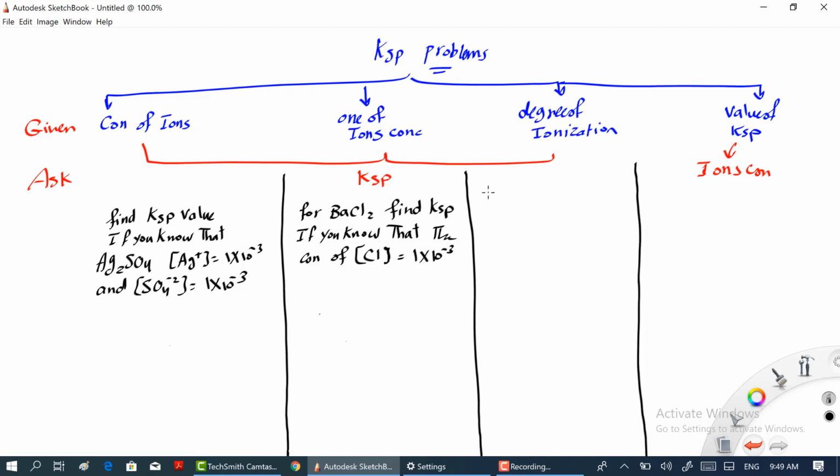Silver chloride: for silver chloride, the degree of ionization is 1 times 10 to the negative 5. Find the Ksp.